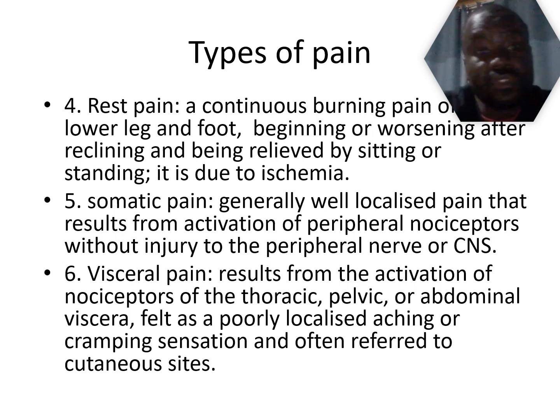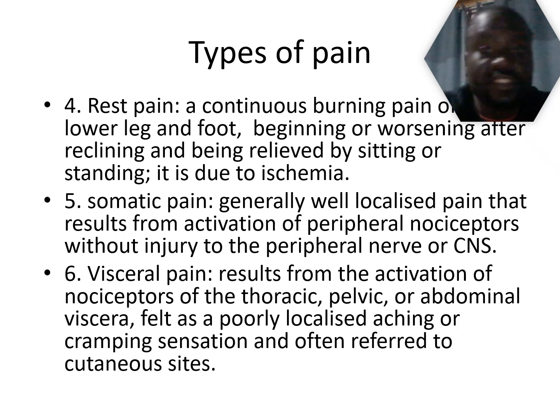We continue with types of pain. There is also what is called rest pain, the pain that tends to continue and be a burning type of pain in the lower legs or foot, beginning or worsening after reclining or being relieved by sitting or standing. Usually, this kind of pain is as a result of poor blood supply to certain tissues. Then we also have what is called somatic pain.